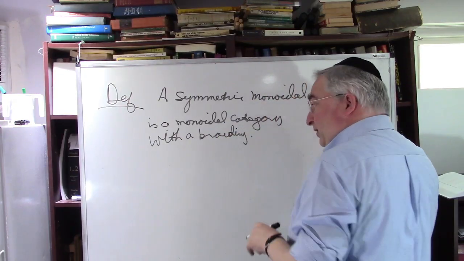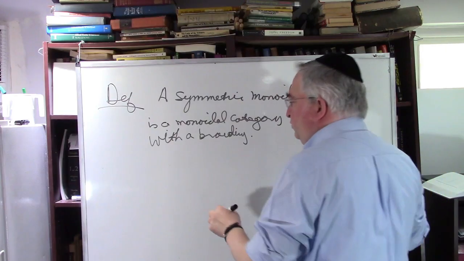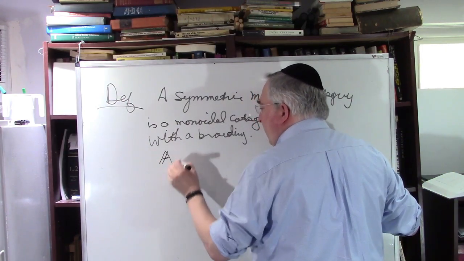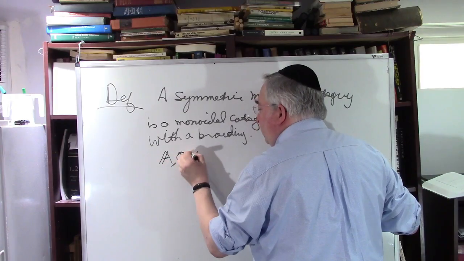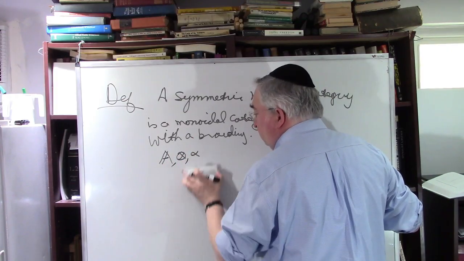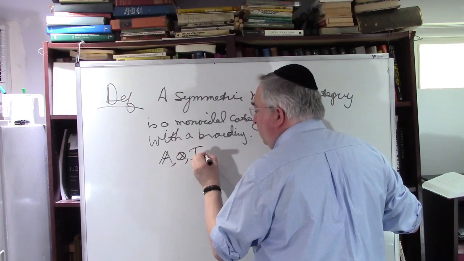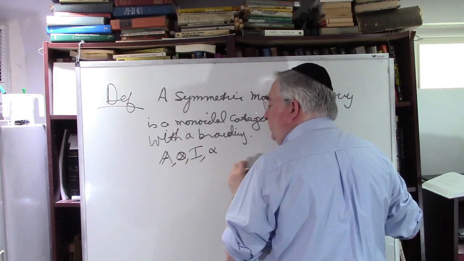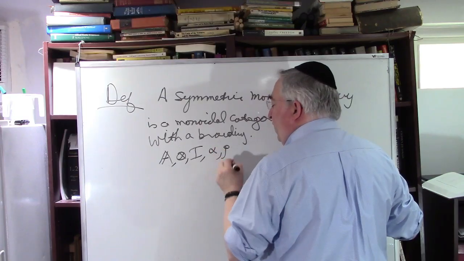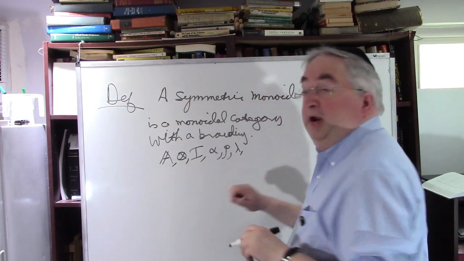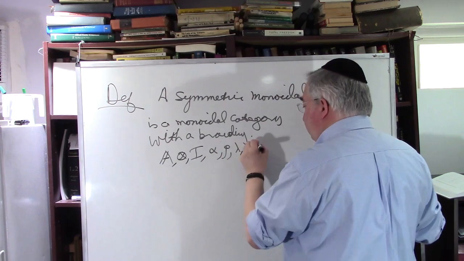Let me explain what a braiding is, but first let's just write out what it is. It's the same thing: a category, a tensor product, a unit, a reassociator, a right unitor, a left unitor. But now something else, a braiding.